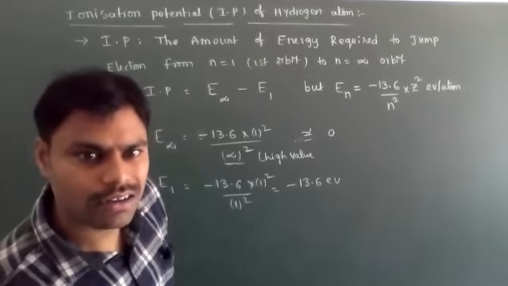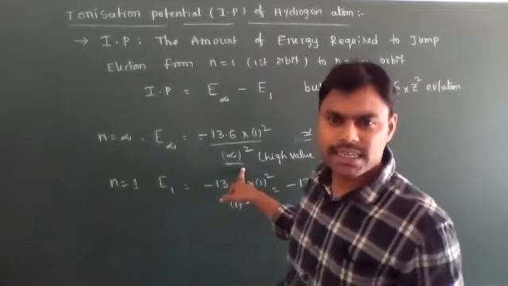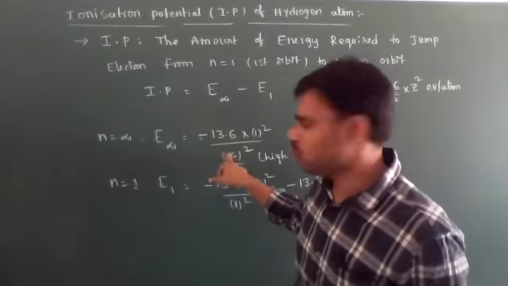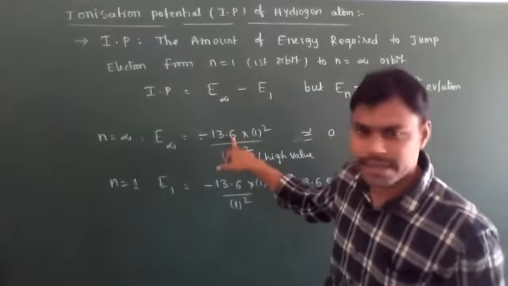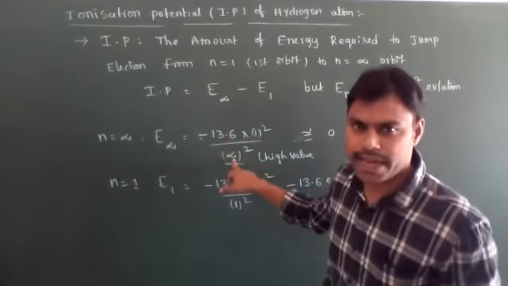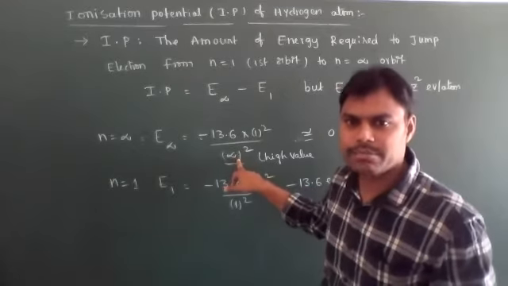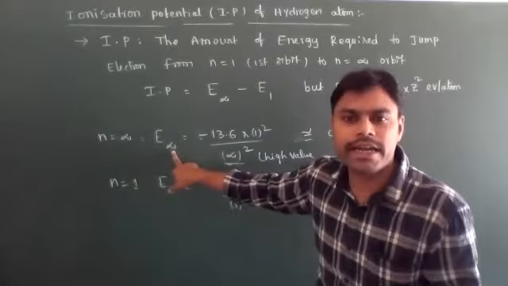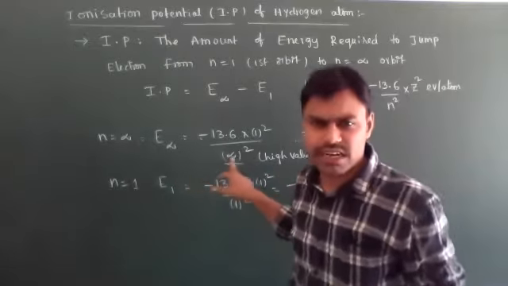Observe the mathematics: as the denominator value increases, for example if n is 1 it is 13.6, if n is 2 it is 13.6 by 2, if n is 3 then again the value decreases, 13.6 by 9. If it is 10, it is 13.6 by 100, it may be 1000 or 1 lakh. That's the infinity value. Infinity means a very large value, so the n value is very, very high.